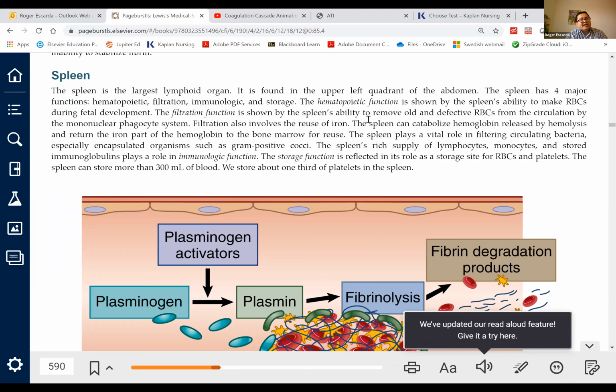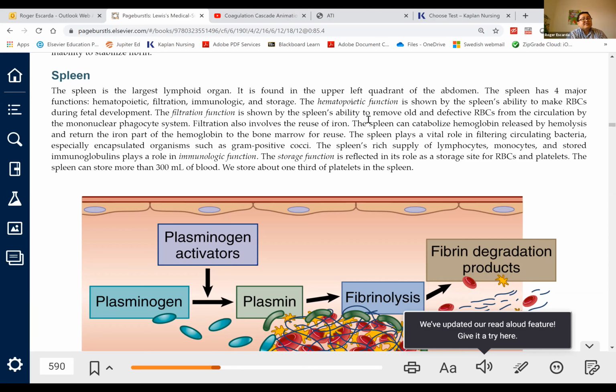So if you have an immune or an autoimmune problem, which again will be discussed in chapter 30, one of the interventions there is to perform a splenectomy. Because if you're having autoimmune disorders wherein you have a faulty body function, instead of storing your blood cells, your spleen is destroying them, specifically the platelets.